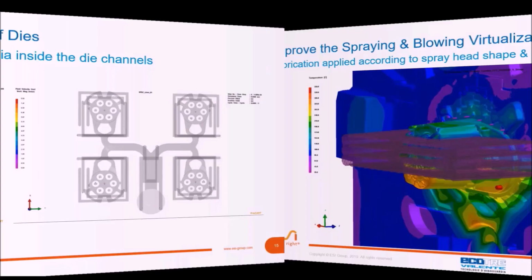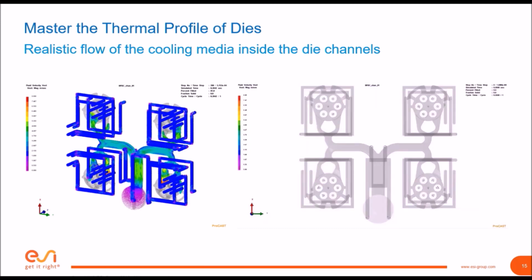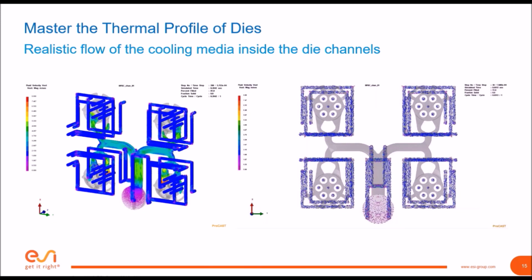One other aspect is the cooling lines itself. The cooling line is a very important part of the die design, which is extracting maximum heat out of the die. What is important is to also consider that there is a cooling media, just like metal inside the cavity. So there is a cooling media inside these cooling channels. It's important to model this realistic flow of the cooling media, and this is now possible to achieve in Procast.